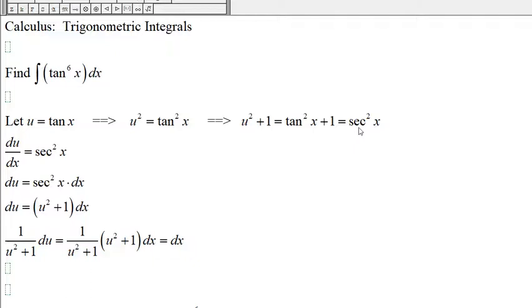But secant squared of x is u squared plus 1. Multiply both sides by 1 over u squared plus 1. Then we get 1 over u squared plus 1 du is equal to dx.